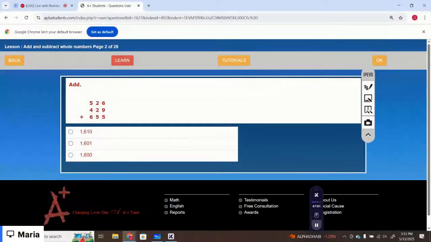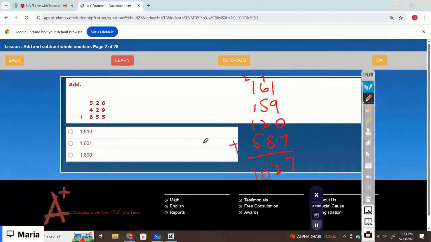526 plus 429 plus 655. So just add. 9 plus 5 is 14 and 5, 20. Write 0, carry 2. 5, 6, 7, 8, 9, 10, 11. Write 1, carry 1. 6.